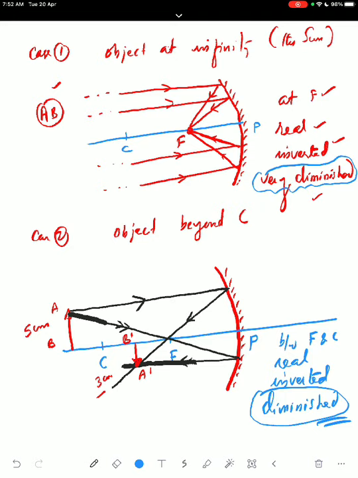Suppose the object is now placed at C, then what will happen? That is case 3. Also make all these diagrams in the copy. So we are going for the next case, object at C. Initially it was at infinity, slowly coming closer to the mirror. Now we are going to place the object at C, that is case 3.